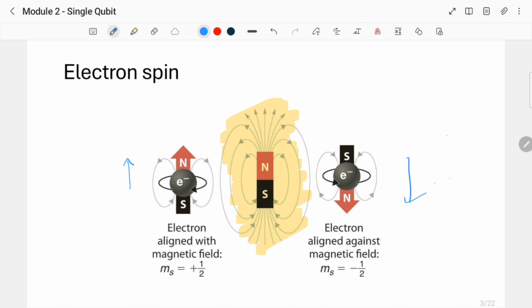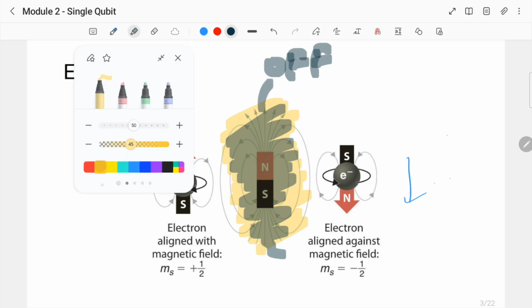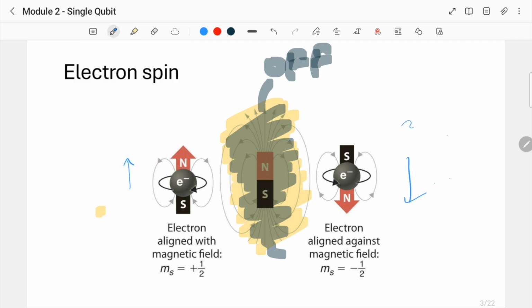Now if we turn this magnetic field off, let's say this is off now, the electron is free to be anywhere. And now it is in a superposition of these states.